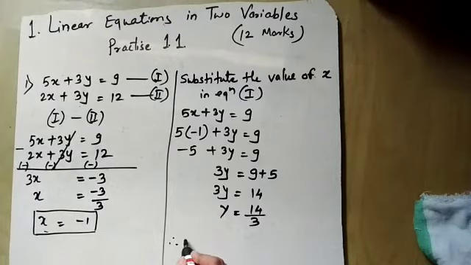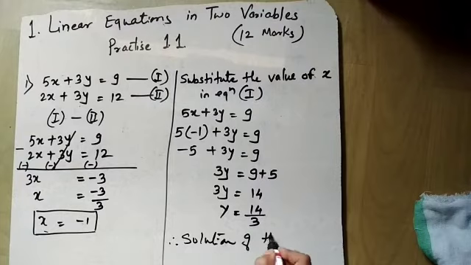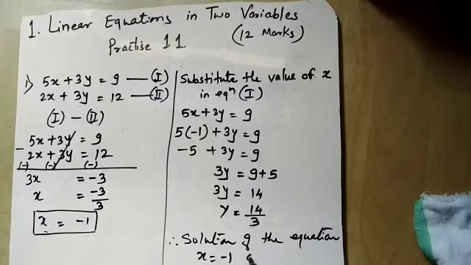So the solution of the equation is x is equal to -1 and y is equal to 14 by 3. In this way, you can solve the equations. So the first step, you are going to observe the terms with equal coefficient.